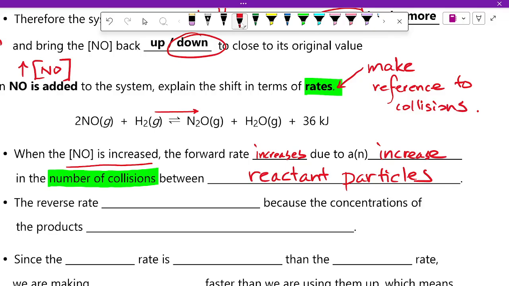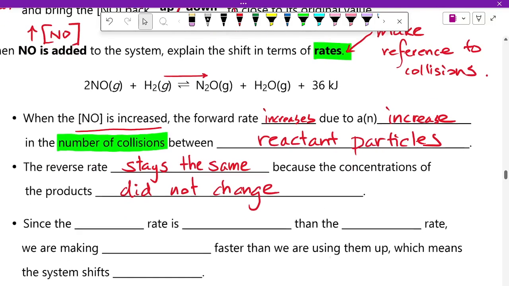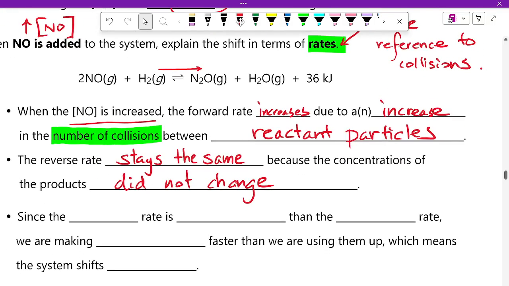What happens to our reverse rate? It stays the same, because the concentration of the products did not change. And that makes our forward rate what in comparison to the reverse rate?